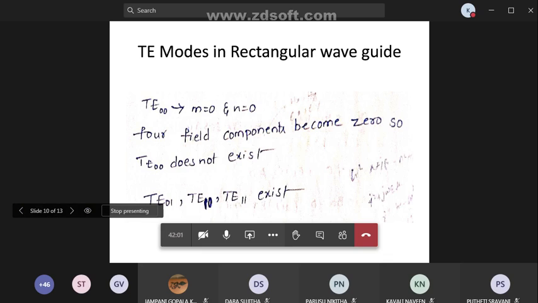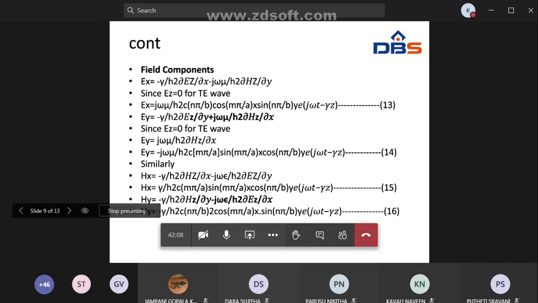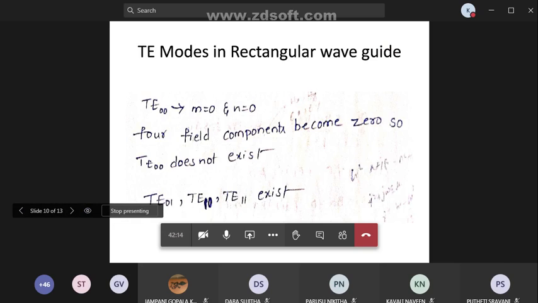If you substitute m equal to 0 and n equal to 1, m equal to 1 and n equal to 0, and m equal to 1 and n equal to 1, all four field components exist. So TE01, TE10 and TE11 exist in TE waves. These are the different TE modes in a rectangular waveguide.